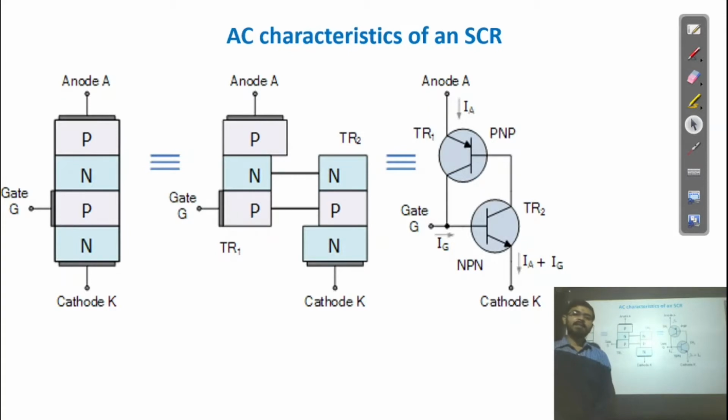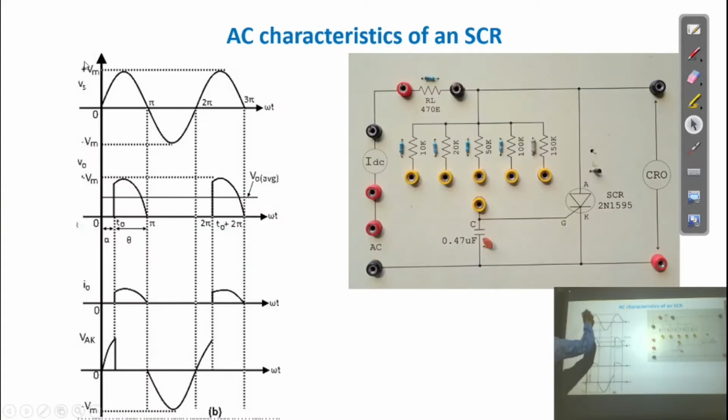And today we will see the AC characteristics of an SCR, another practical. We have already studied the DC characteristics of an SCR. If you have not watched the DC characteristics video, then please watch it first.